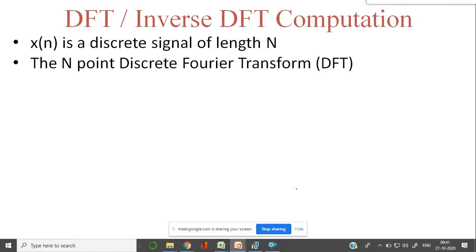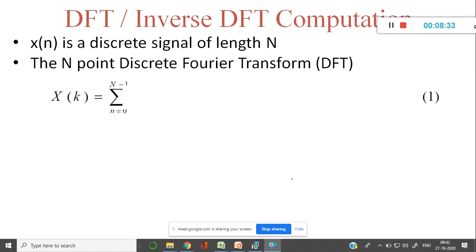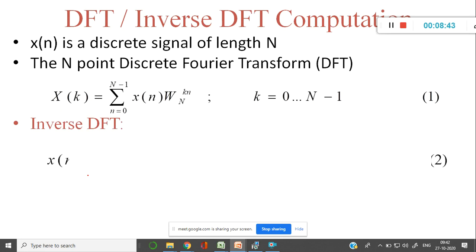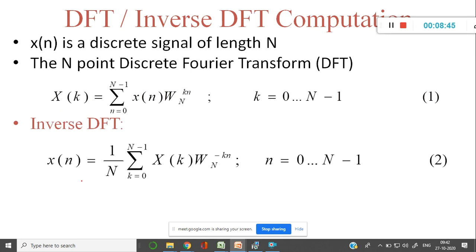The N-point DFT, the definition of discrete Fourier transform, goes like this: x of k is given by the sum of x of n into the Twiddle factor. Then similarly the inverse discrete Fourier transform is given by x of n equal to 1 by N, summation k runs from 0 to N minus 1, the input x of k into the Twiddle factor W_N to the power of minus kn.